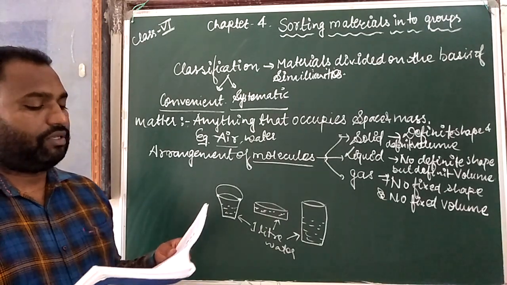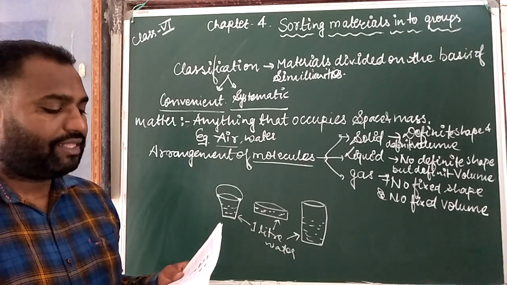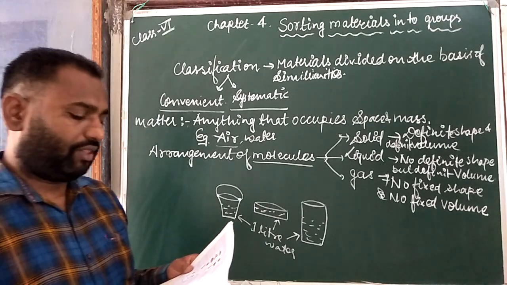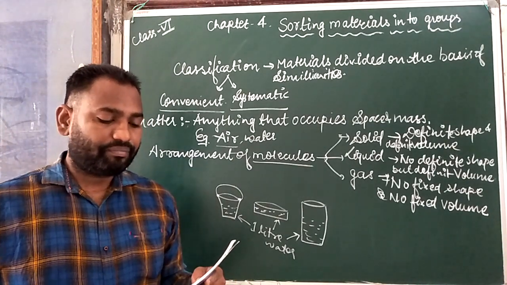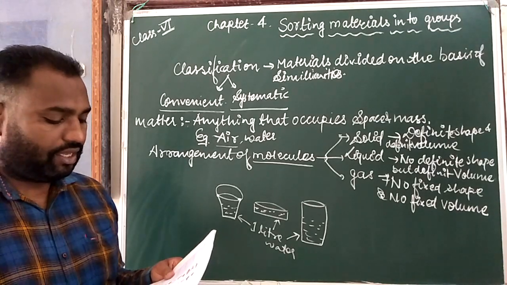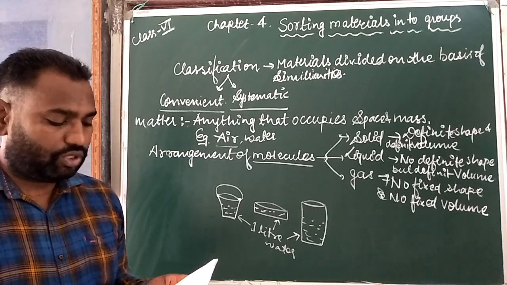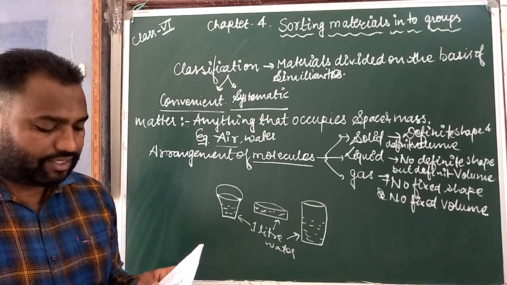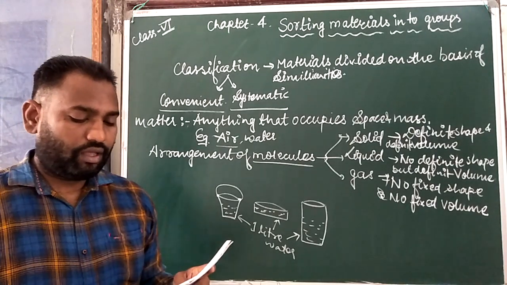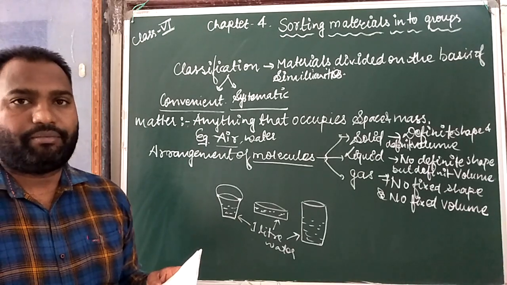So A, B, C and D. A and C are living things and B and D are non-living things. A and C are edible things and B and D are non-edible things. Like that we have to categorize. A and C are made of wood, and B and D are made of metals.